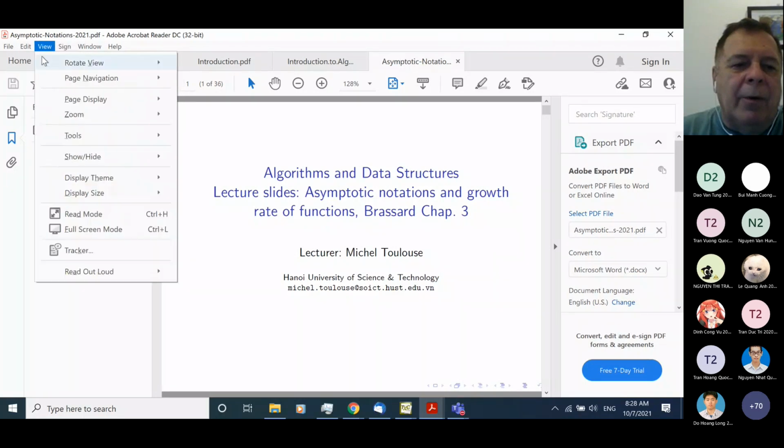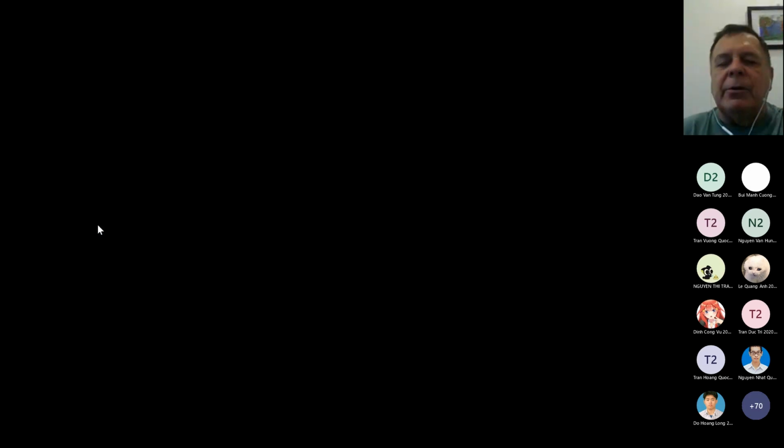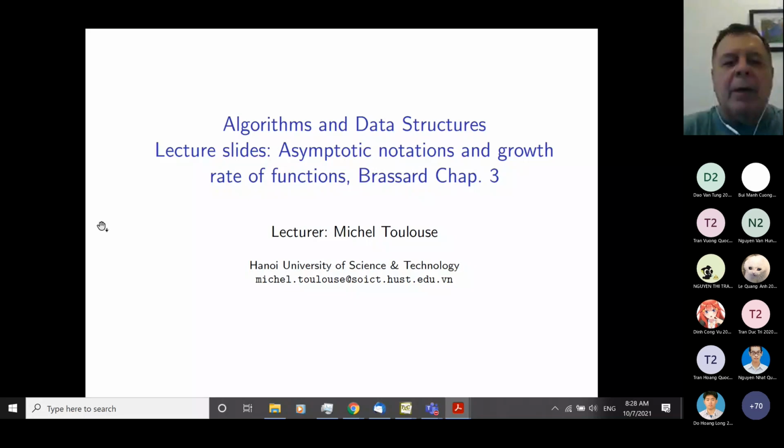We first started by trying to measure the time of an algorithm by measuring the execution time of the program that implements the algorithm. And we came to the conclusion that this is not going to work because it is going to be biased by things like the computer on which the program is running, and it will depend also on the implementation, the code that has been written to implement the algorithm.